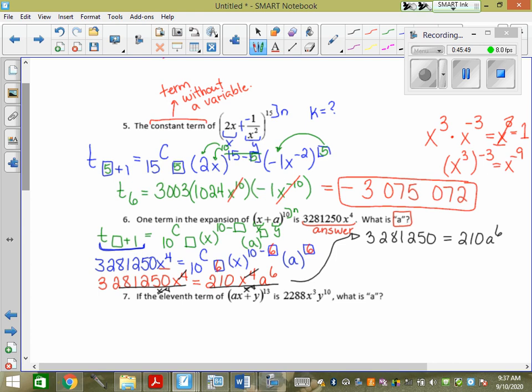And now we're just solving for a. What do we do? Divide by 210. What does that get us? Something smaller than 2,280,000. You get it?